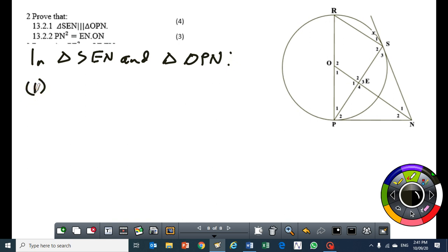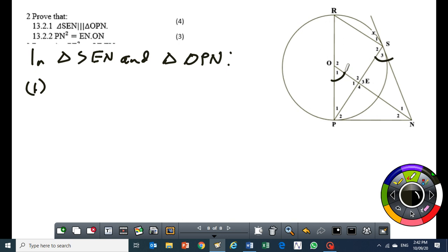Number one. Let's look at that S there and that O. Now the S that you have, it's in SEN, which will be this angle. Okay? And then the O, it will be that angle. Please, you cannot say that angle O1 is equal to angle S3 and then write your reason as angles in the same segment.